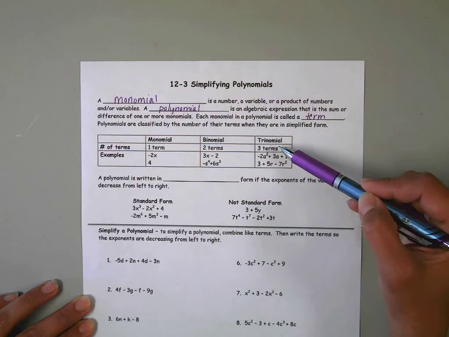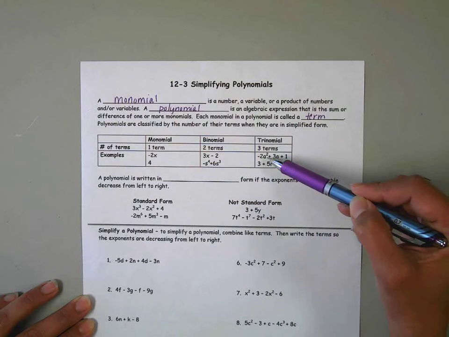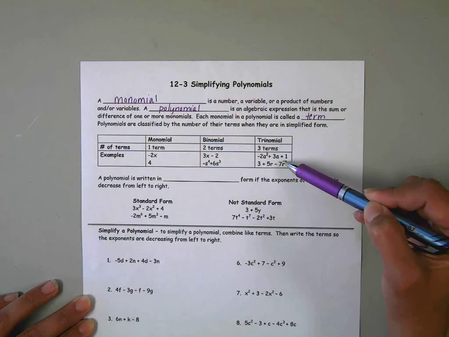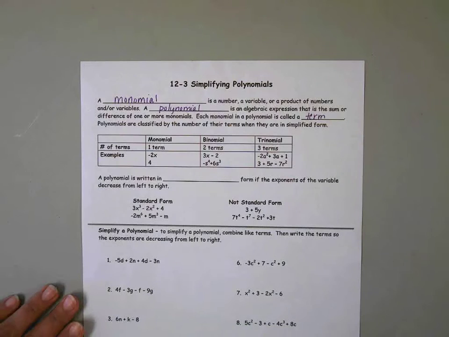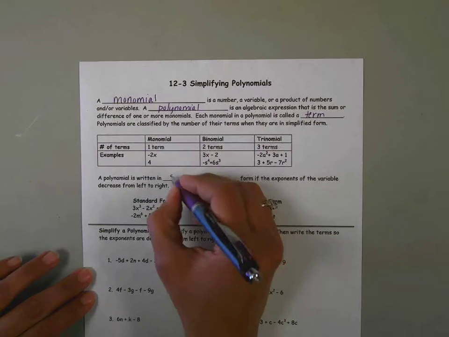A trinomial has three terms, and it could look like negative 2a squared plus 3a plus 1 or 3 plus 5r minus 7r squared.